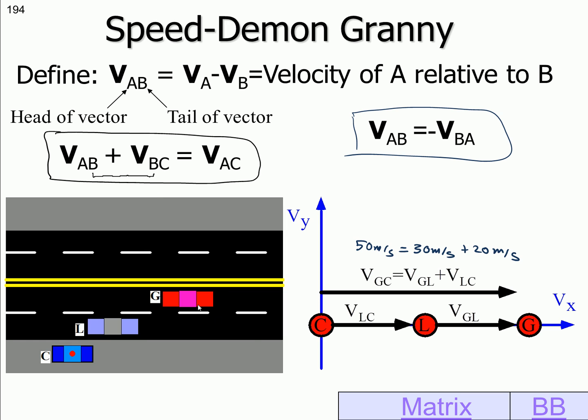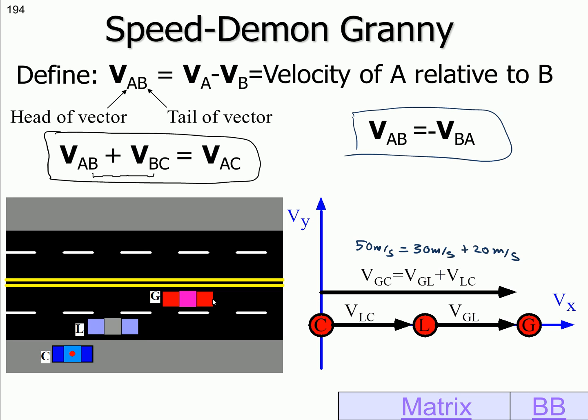So there was a demonstration, which I can't show you on this computer, unfortunately, because I don't have that software installed. But basically, it was showing what you can imagine seeing here, showing L moving to the right and G going faster. And then we can switch reference frames so that L is at rest. So think of it as a helicopter that's hovering over L. And then in this frame, C would be moving backwards, G will still be moving forwards.